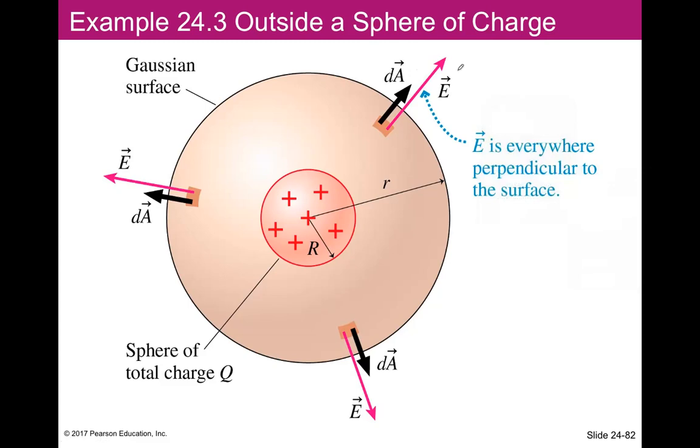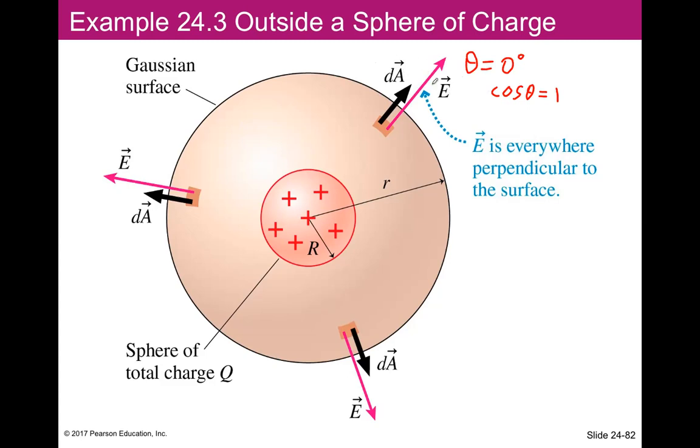So dA and E have an angle of theta equals 0 degrees. Therefore, cosine theta equals 1, because cosine 0 is 1. Therefore, E dot dA becomes scalar E times scalar dA times cosine theta, which is 1. It becomes scalar E times scalar dA.